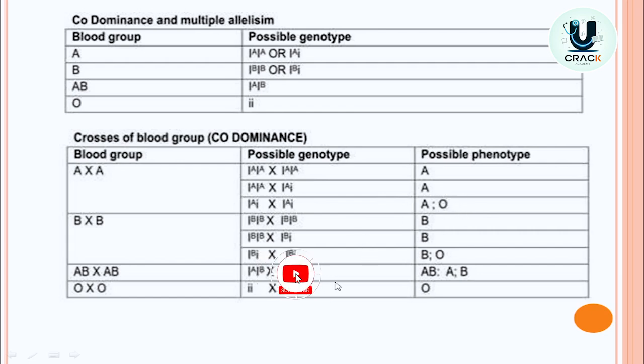Otherwise, for O, you will get no other option; you will get O only.